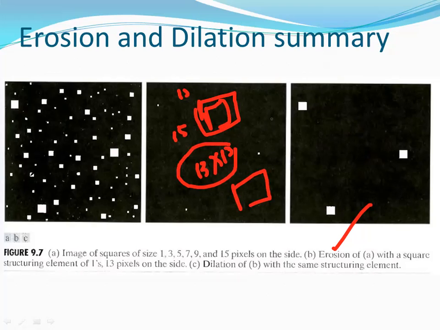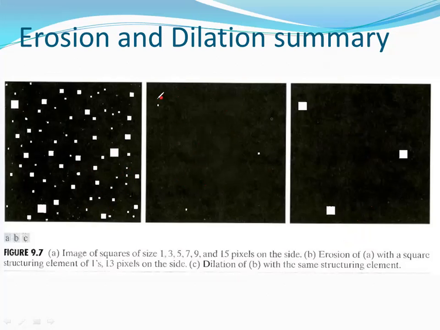So all the smaller boxes where the 13 cross 13 structuring element could not get in were straight away removed, and only those boxes with size greater than 13 cross 13 remain. To regain the original position, dilation was conducted afterwards. So there you go, you picked only those which you wanted.